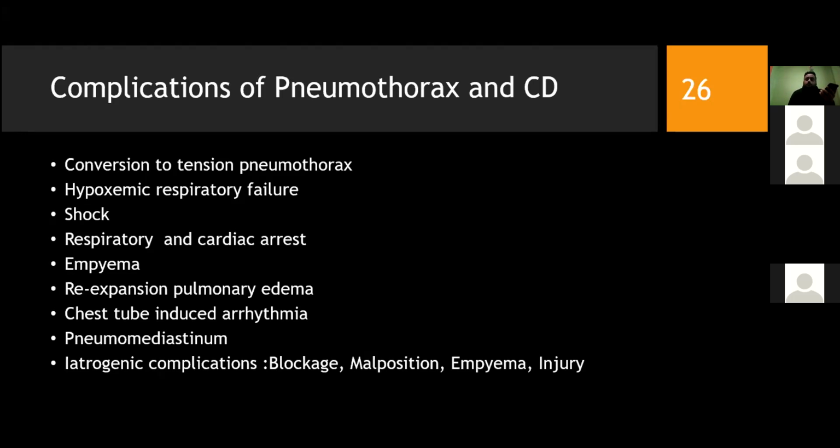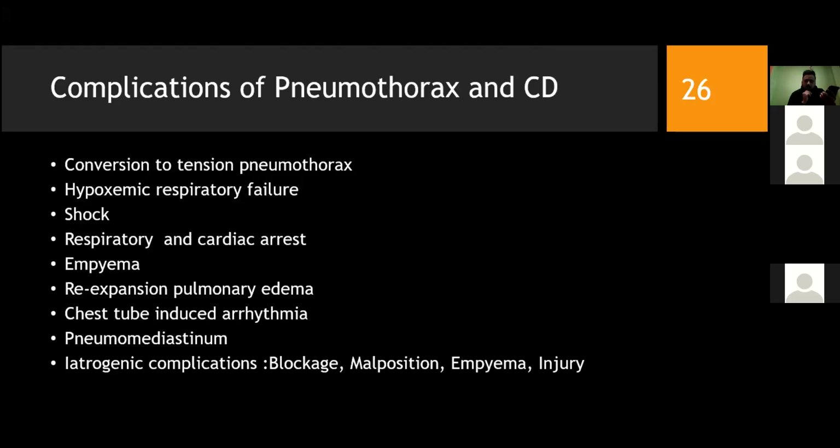It is caused by histological changes in the lungs due to reperfusion; free radicals increase in the lungs, and that can cause increased permeability of the lungs. So immediately after insertion of the chest tube, people may experience chest heaviness, tachycardia, and cough. If the patient experiences that, then we can suspect re-expansion pulmonary edema. Then we should clamp the tube.